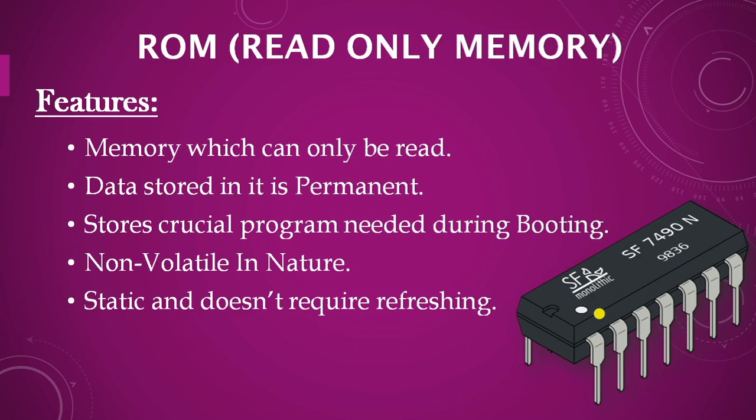It doesn't matter whether the power is on or off, it will continuously execute the same instructions which were built into it. इसमें जो इंस्ट्रक्शंस जब मैन्युफैक्चर किया बनाया जाता है, तब जो इंस्ट्रक्शंस दिए जाते हैं, ये उन्हीं को ही प्रोसेस करता हुआ जाता है. और कंप्यूटर के बूटिंग में ये बहुत हेल्प करता है. कंप्यूटर जब हम स्टार्ट करते हैं, the startup process of a computer is called booting. सो कंप्यूटर के बूटिंग प्रोसेस में ये सारे इंस्ट्रक्शंस यहाँ से रीड किए जाते हैं और ये स्टैटिक होता है, तो इसलिए इसको कोई रिफ्रेश करने की जरूरत नहीं होती है. हम कंप्यूटर को ओपन करने के बाद we keep on refreshing it. We are refreshing the primary memory, specifically the RAM. We don't have to refresh ROM. Okay. So there are two types of primary memory, one is RAM, one is ROM.